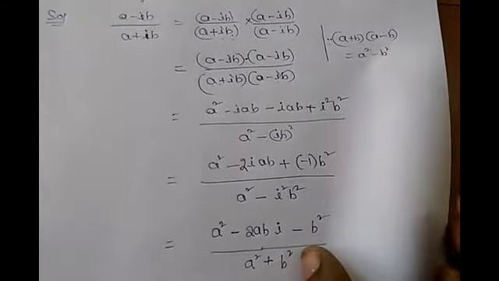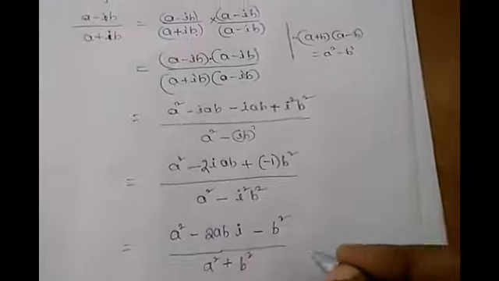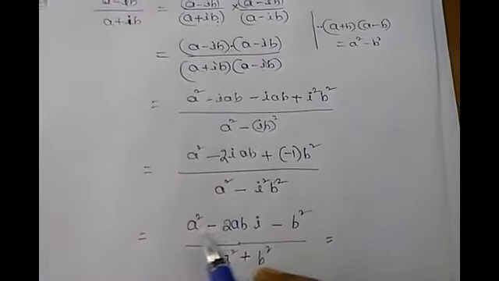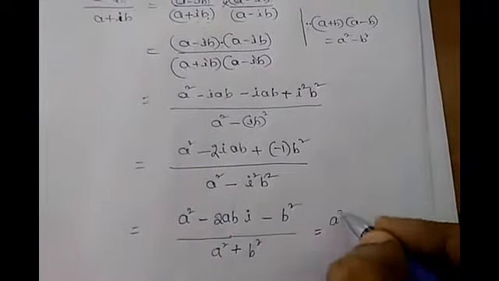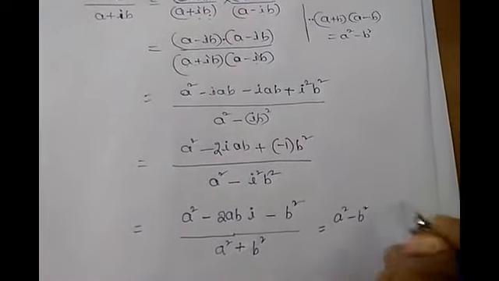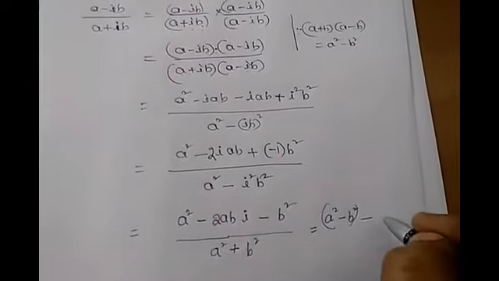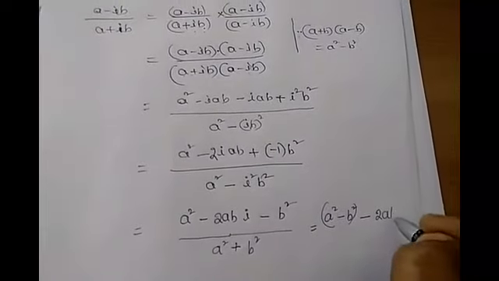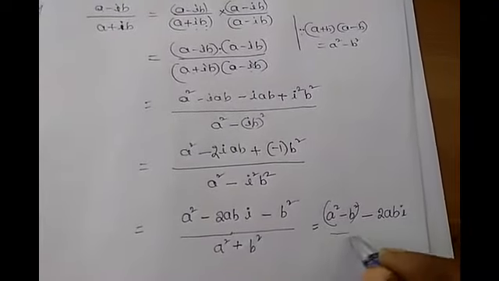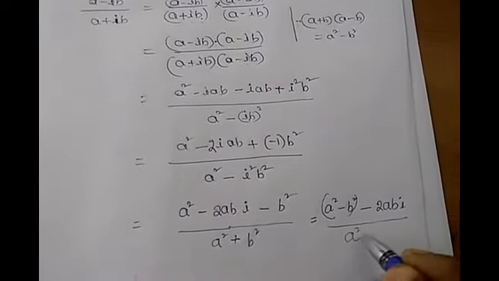Now which is equal to a square minus b square. Write the real parts together, a square minus b square, minus 2ab, it is the imaginary part, 2ab, divided by a square plus b square.